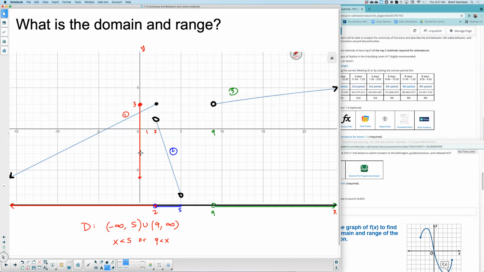So that's going from -infinity all the way up to 3. Would you agree with that? Do I need to even mess with this piece? The answer is no. Why not? We already know that this piece goes down forever. You actually don't have to mess with it. You can put it on there, but it's actually not necessary. It's not going to make a difference.